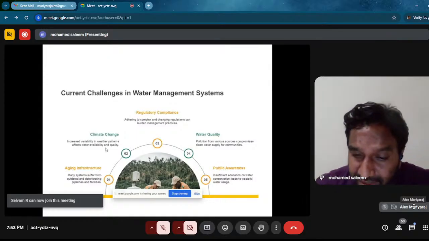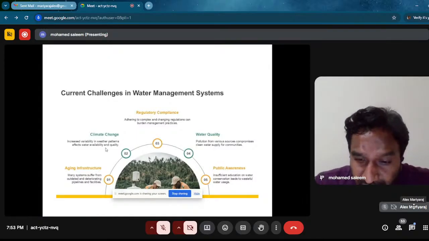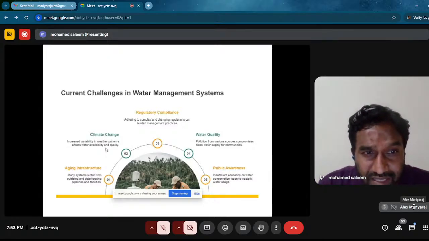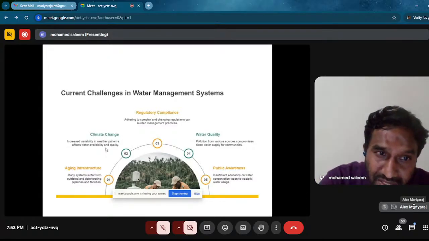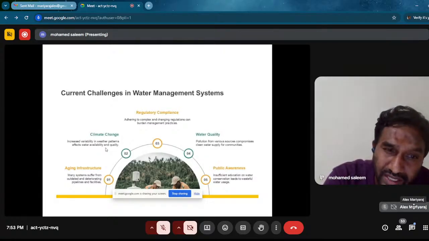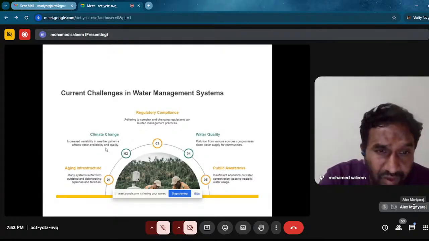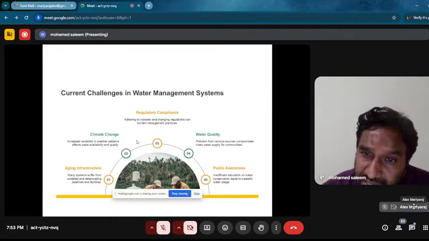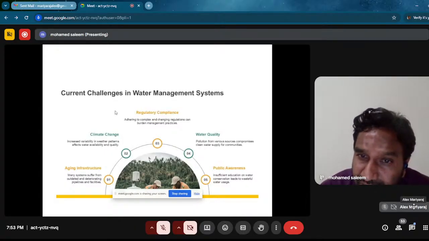When we see the current challenges in water management, like climate change, it increases variability in weather patterns and affects water availability and quantity. For aging infrastructure, many systems are getting outdated, like very old pipes and facilities. Then water quality, pollution from various sources, affects the supply of clean water to the community.